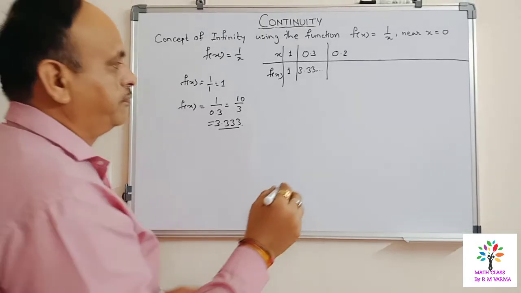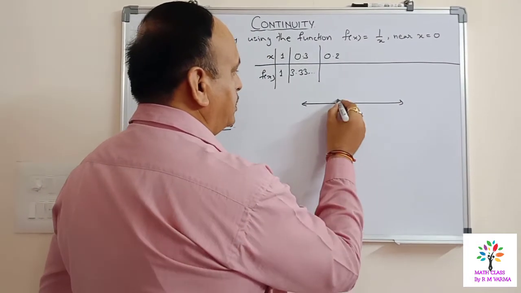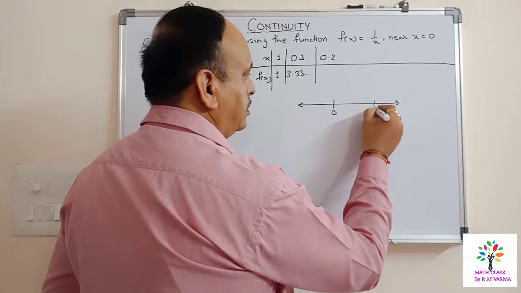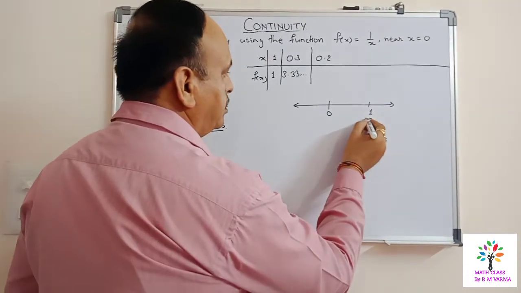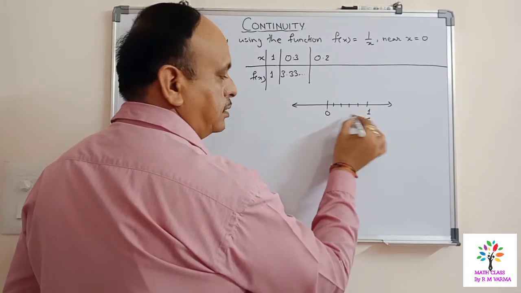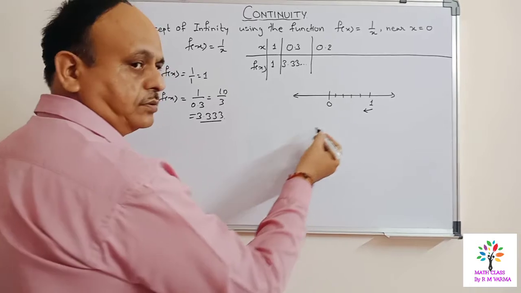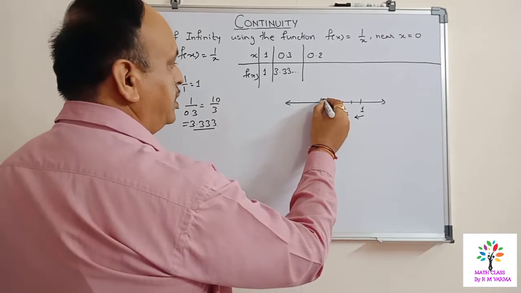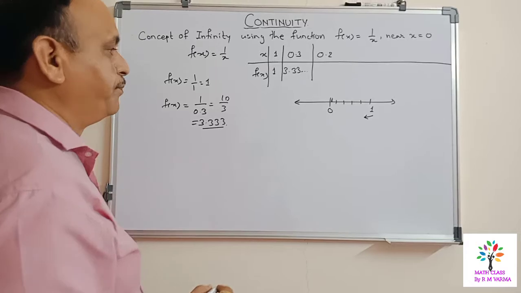What we are doing actually, if I make you understand with the help of a number line, say 0 is here, 1 is here. From 1, I am coming towards 0. So I am taking different values on the number line very near to 0. And I will be reaching very near to 0 and try to get the answer.